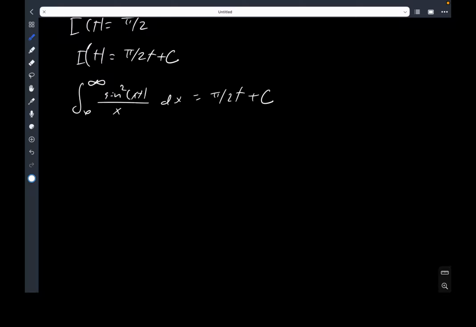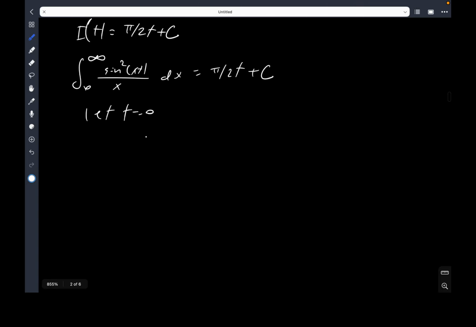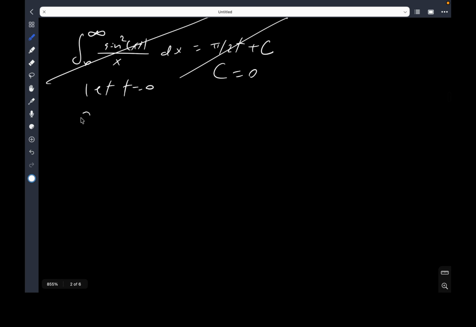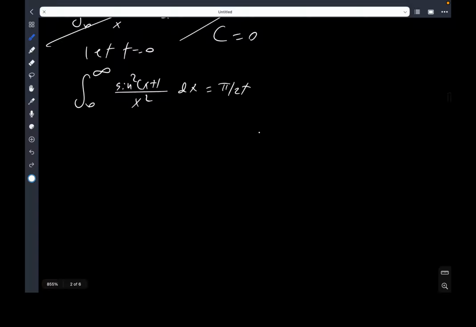And if I let t approach 0, I'm going to find this is going to go to 0, this is going to go to 0, so c equals 0. Thus, the integral from 0 to infinity of sine squared of xt over x squared dx is pi over 2 t plus 0. So I'm not going to write it. What happens if I let t be equal to 1?